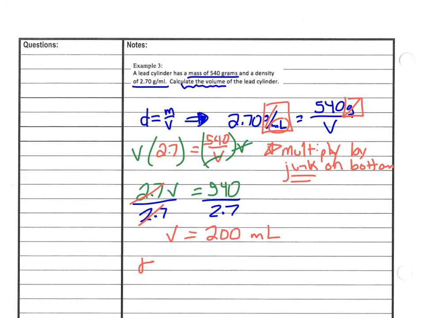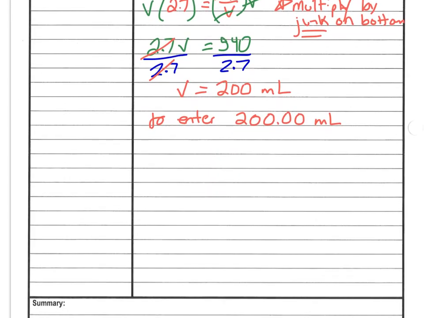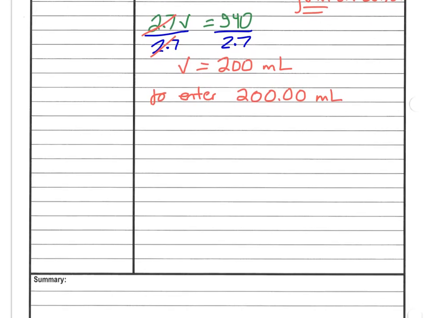But let's say the question wanted me to round it to 2 decimal places. That means I have to have a decimal followed by 2 numbers. So what am I going to enter? I would write 200.00 mL. That is what I would type into the quiz. That is a useful thing to note because it will count it wrong if you don't do it that way. If you're worried about that, you can always ask your teacher to take a look at it.